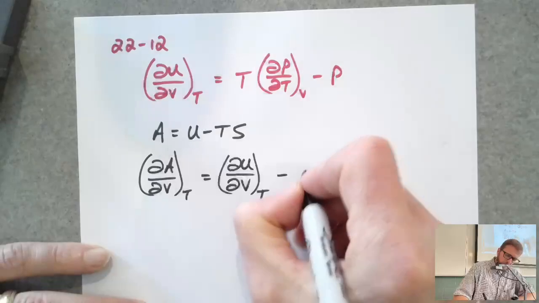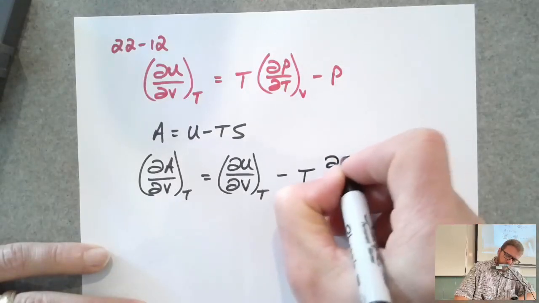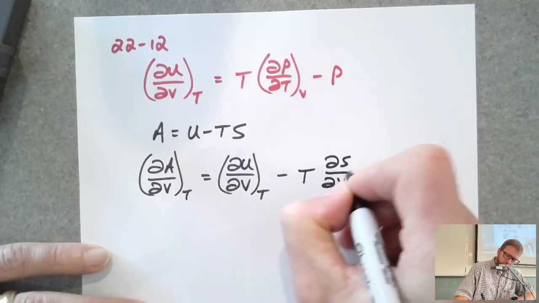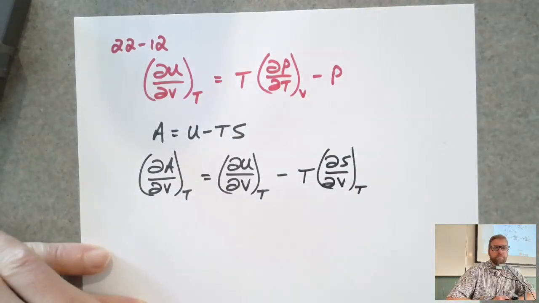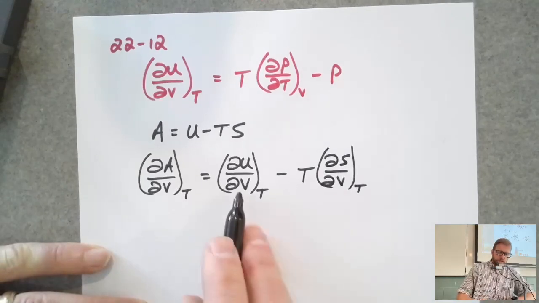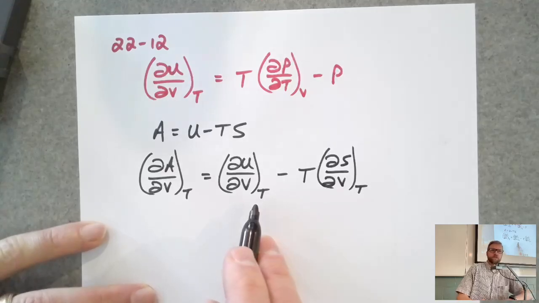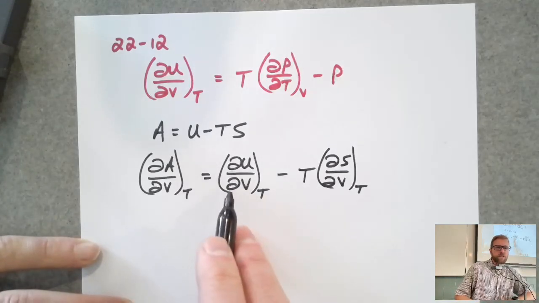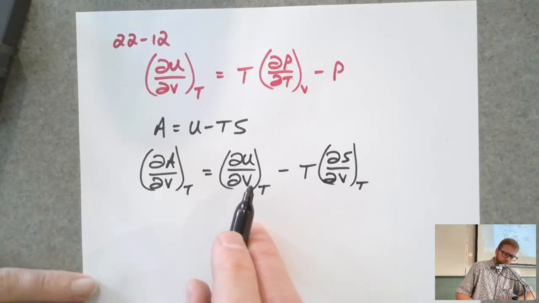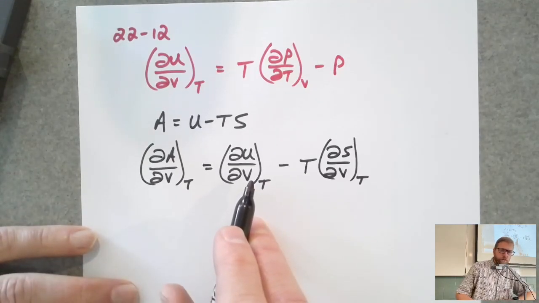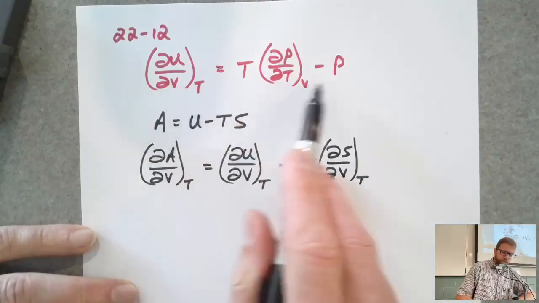So we can pull it out, and then we're left with that. So this is the partial derivative we're interested in, which is how internal energy changes with volume at constant temperature. Okay. And we're trying to show this right here.